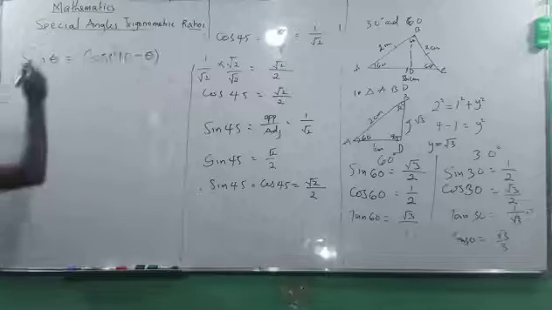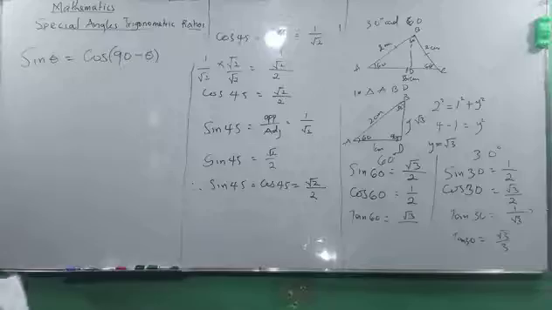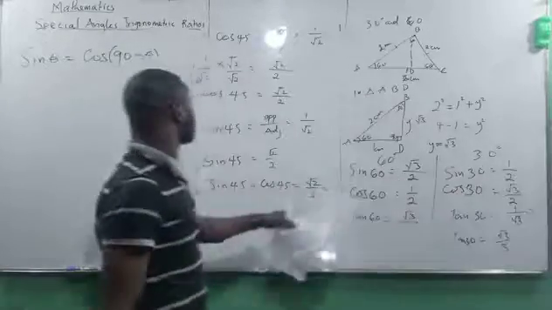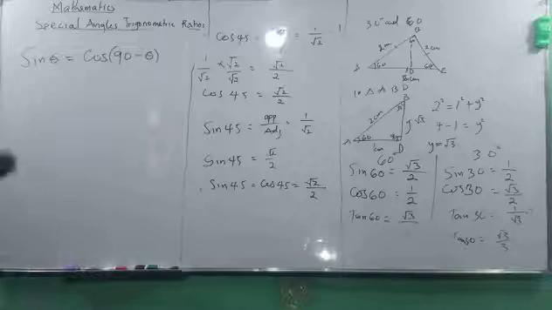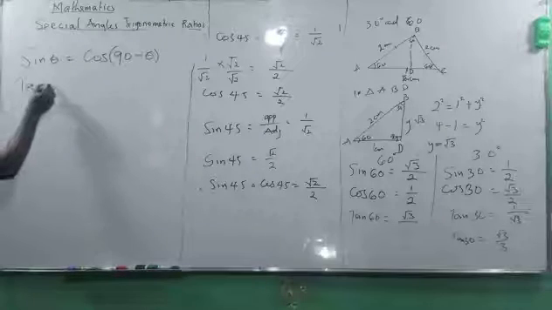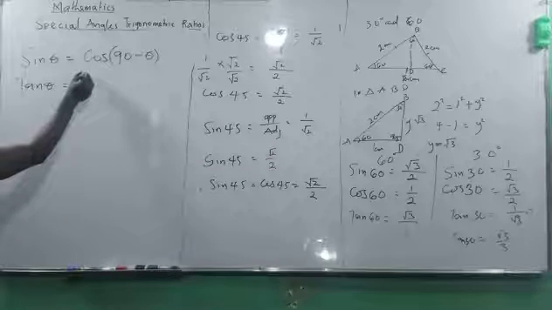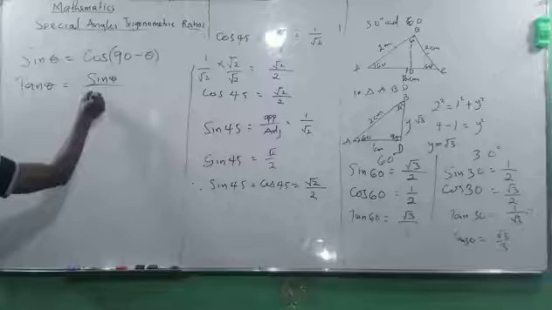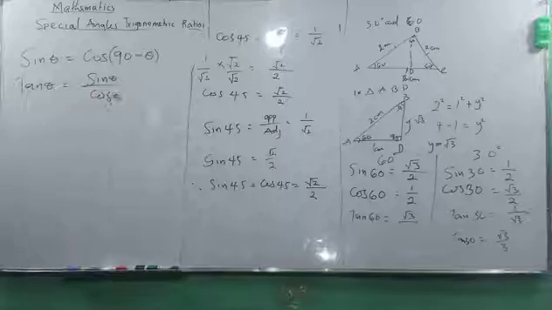Take note of that. I think you should know by what we have done here now. Can you see that is what we are done? And don't forget that we know that tan theta equals sine theta all over cos theta. Take note of those things. They are very, very important.